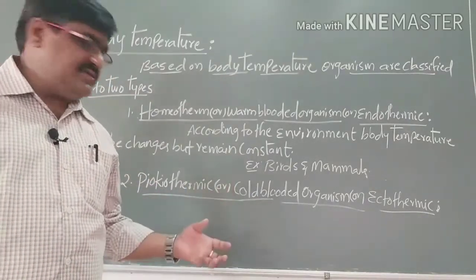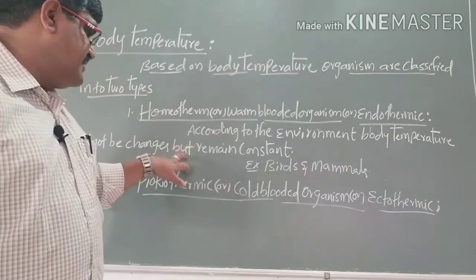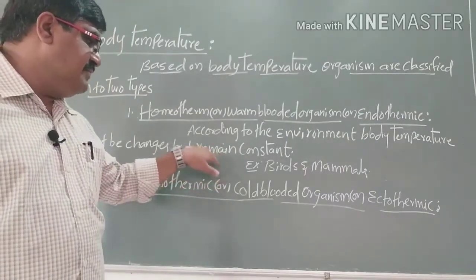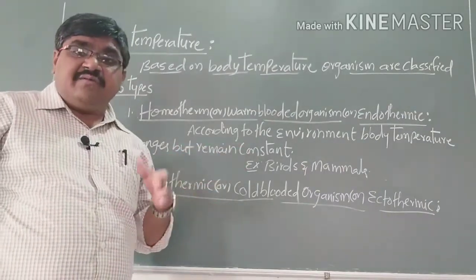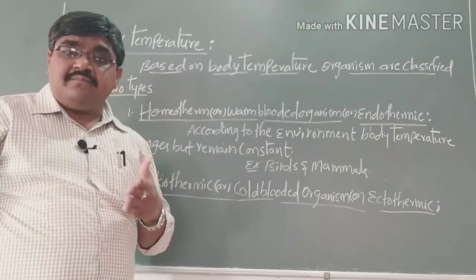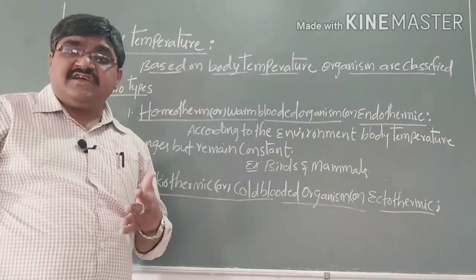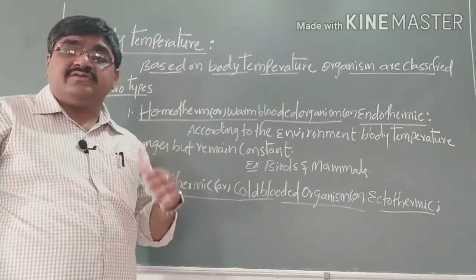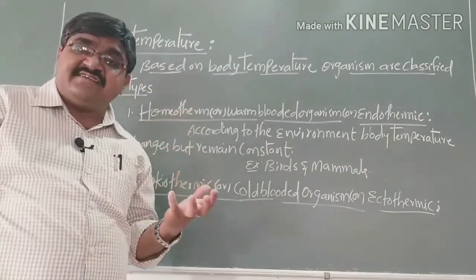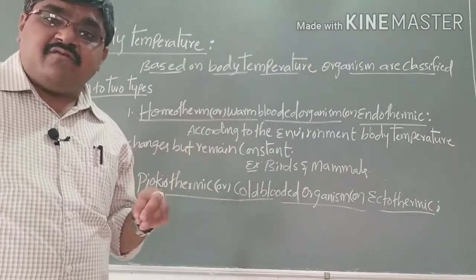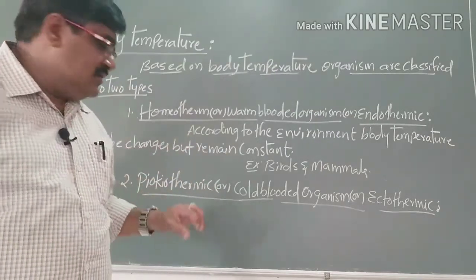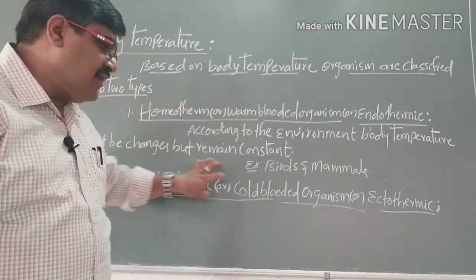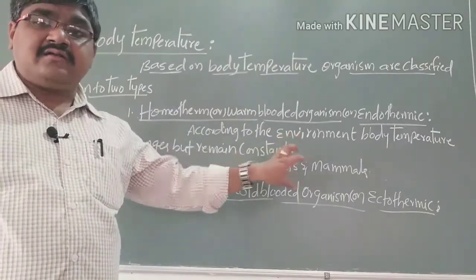Here the body temperature will not remain constant. Why? Because according to the environment, the body temperature also changes. This type of organisms are called poikilothermic, or cold-blooded, or ectotherms.